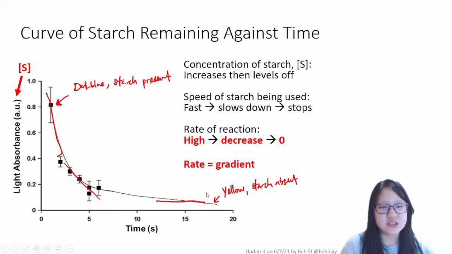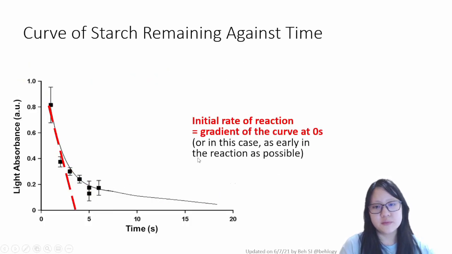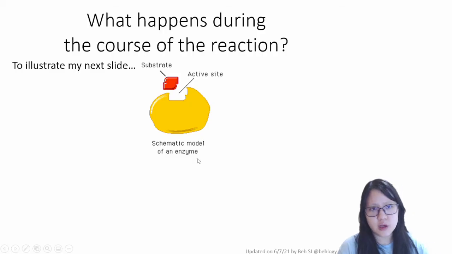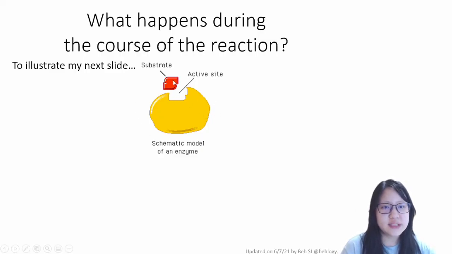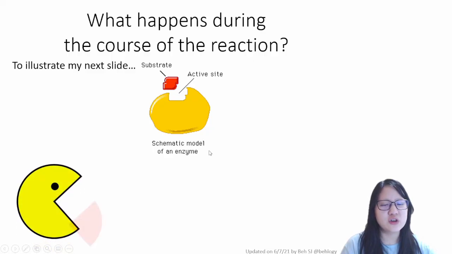So what actually is going on? Okay, what happens during the course of the reaction? Now to illustrate my next slide, we're going to use this kind of diagram. This here is an enzyme, this here is a substrate. But you know what? It's kind of hard to draw. So let's just draw a Pac-Man, and this is supposed to symbolize an enzyme.